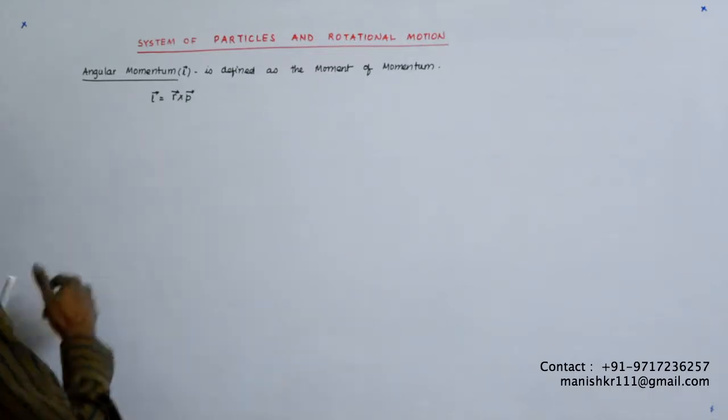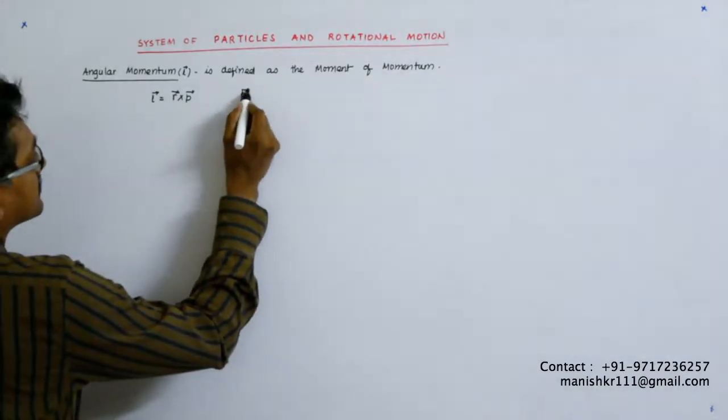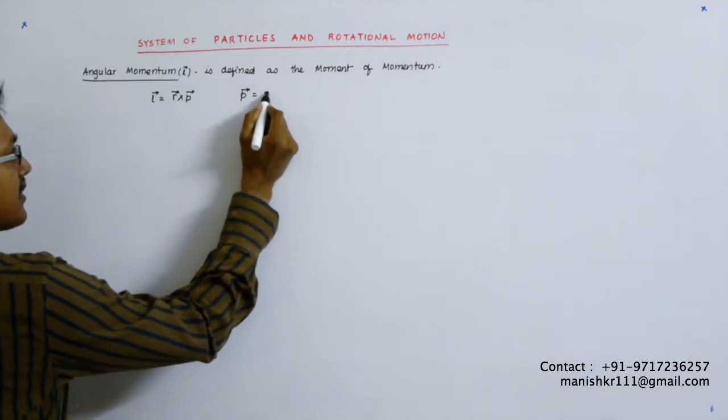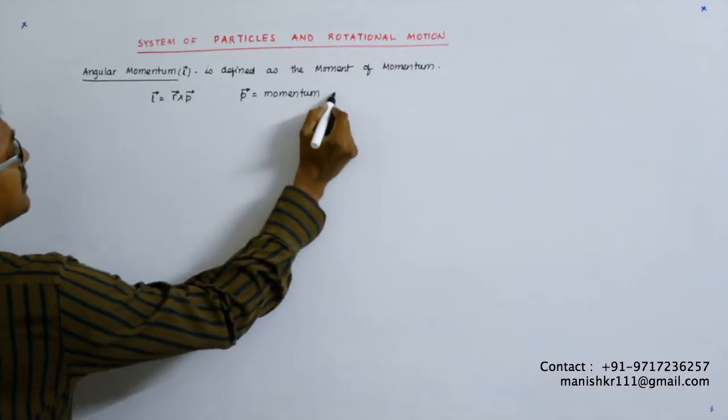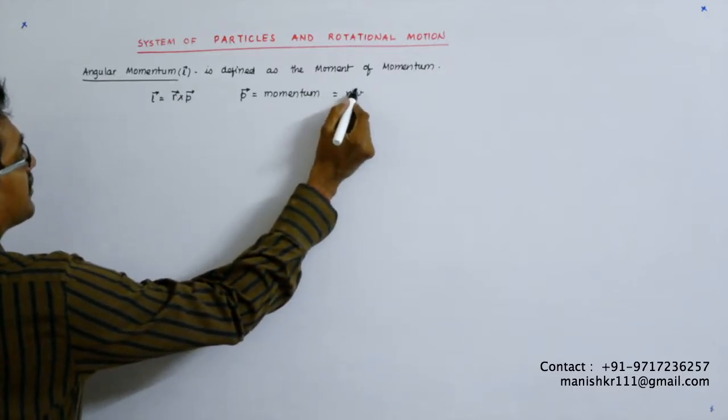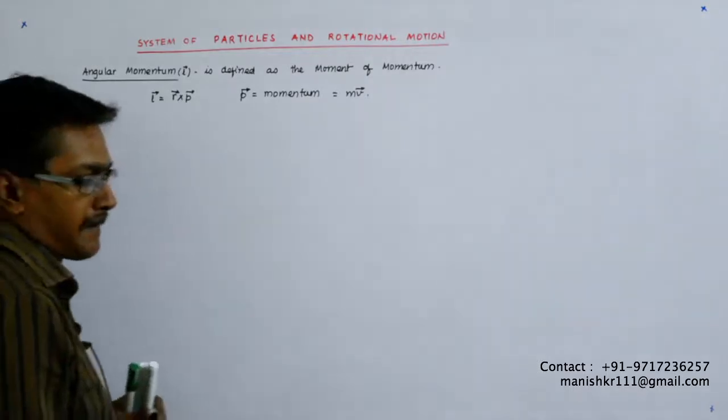So if this is r cross p, and what is p? p is again the translational momentum that we have studied, that was famously defined by Newton.